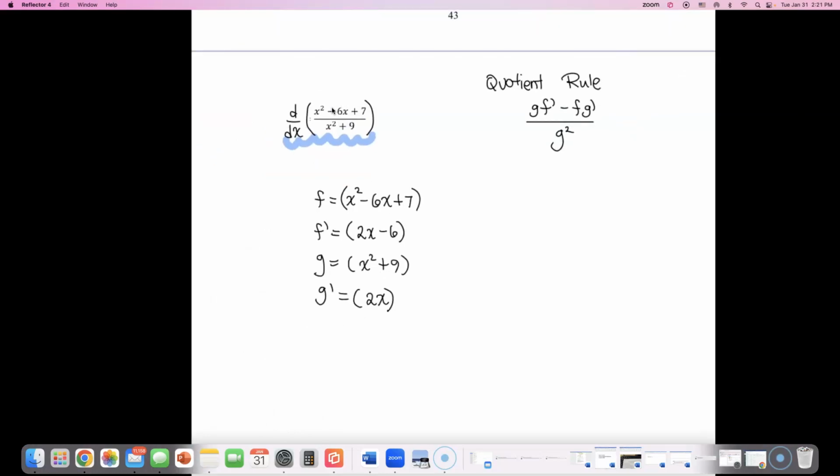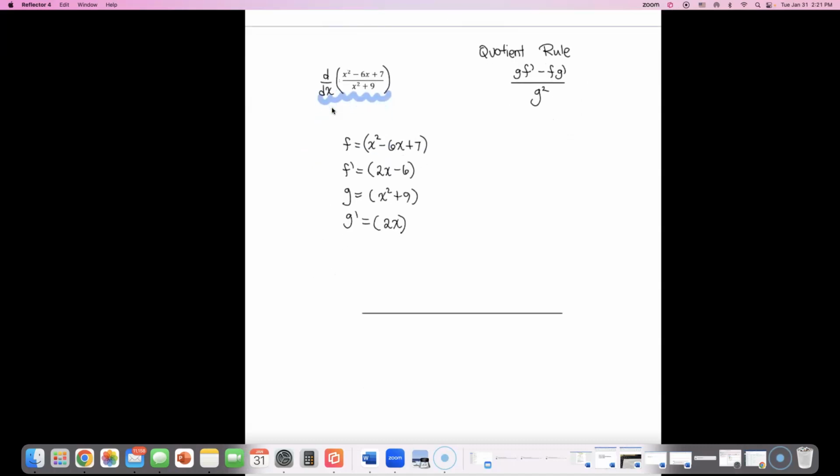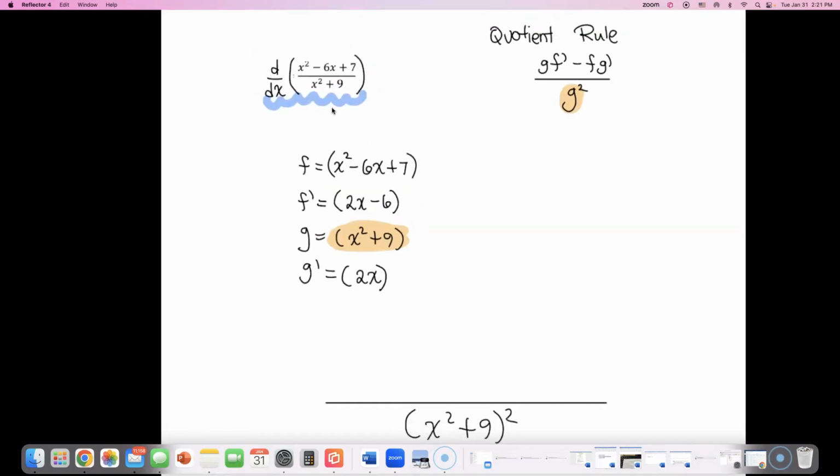So the derivative will be, put a long fraction bar, g squared in the bottom. So let's put g in the bottom, which is this parenthesis, okay? So I'll say x squared plus 9 squared, okay? So that's the only thing in the bottom.